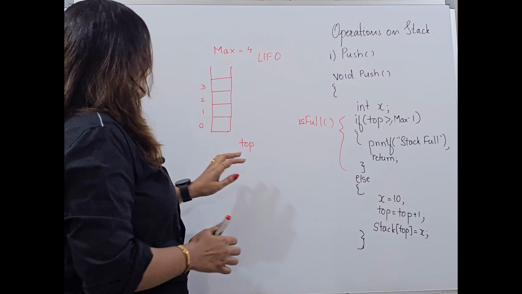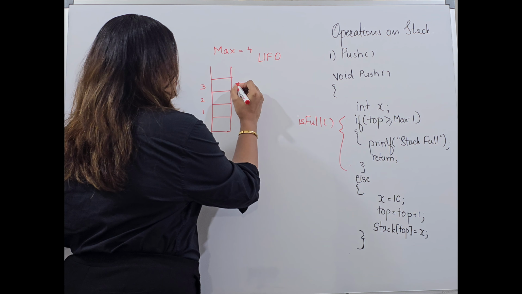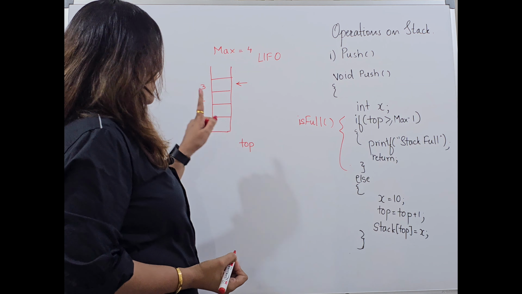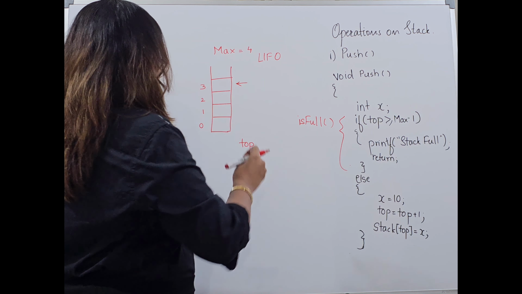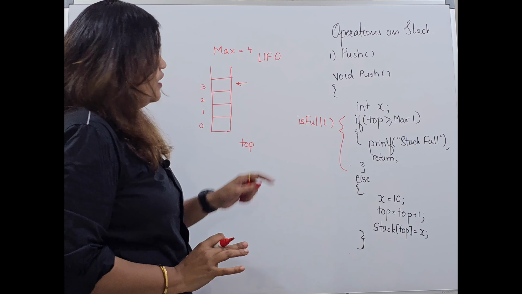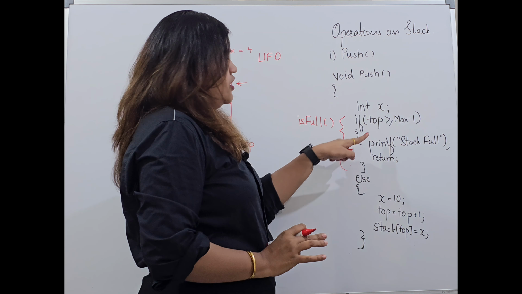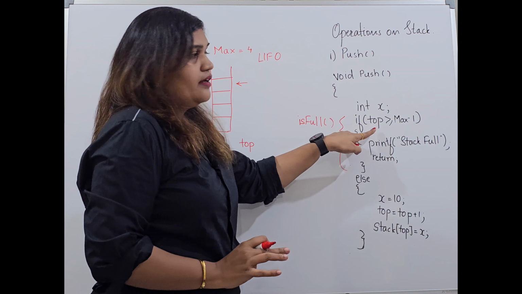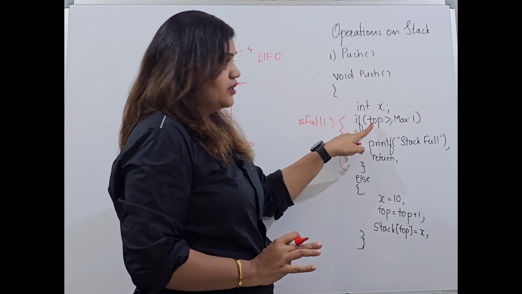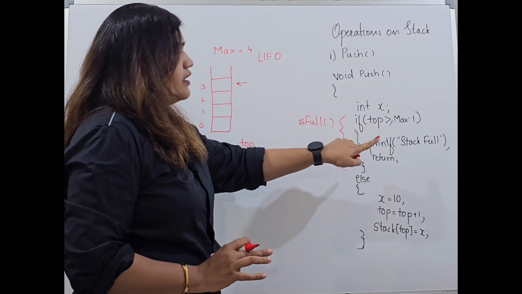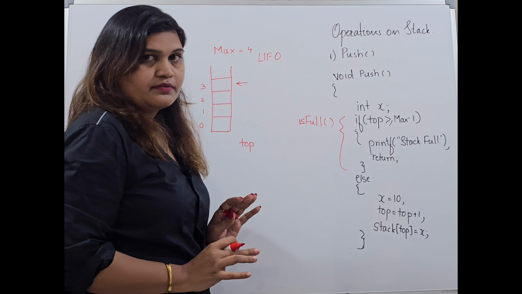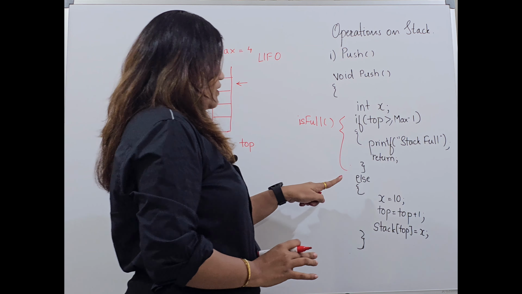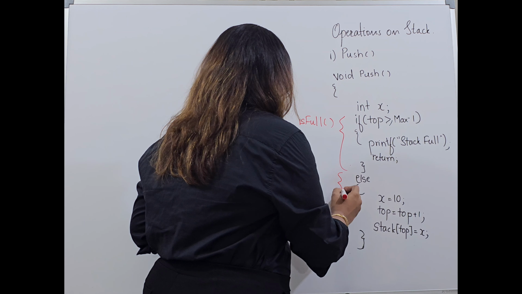So if my top is pointing to this particular location, that means my stack has reached its limit and I will not be able to insert any element. That is what I'm checking over here. If this condition is true, I print that the stack is full and I return from this particular function. Clear?